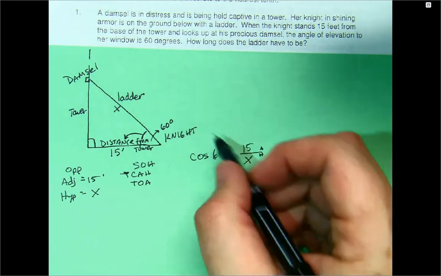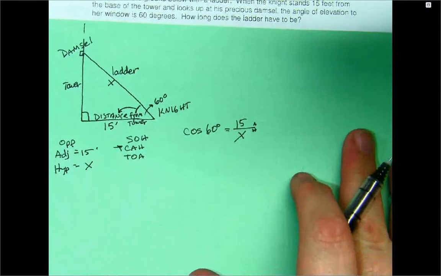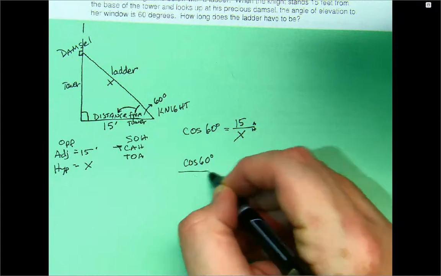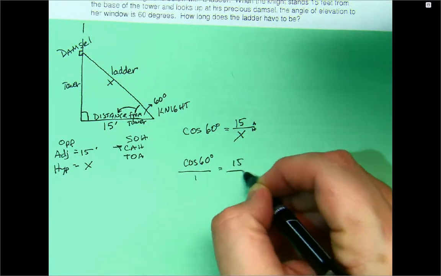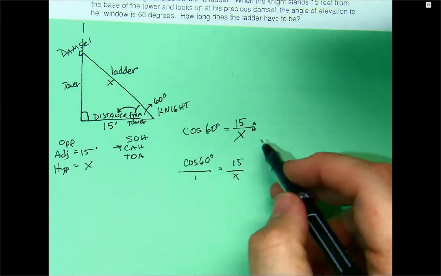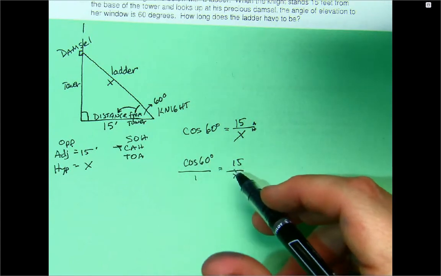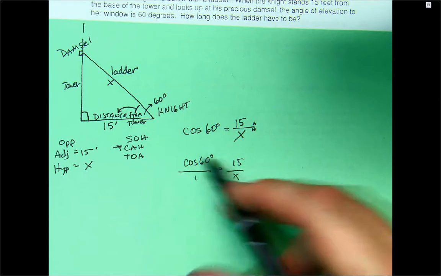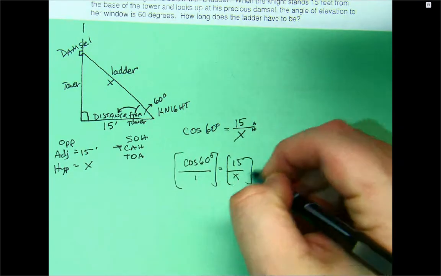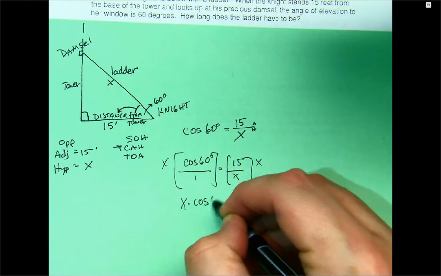The best way to do this is to treat it like a proportion. How do you solve the proportion? Now you can multiply both sides by x. That's one thing we could do, or you could do a cross product, either way. But if you multiply both sides by x, you get x times the cosine of 60 degrees is equal to 15.